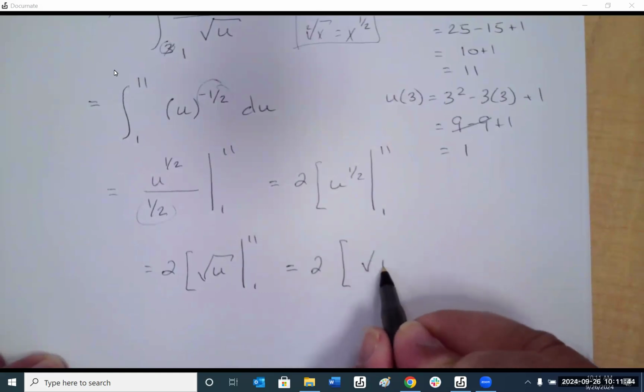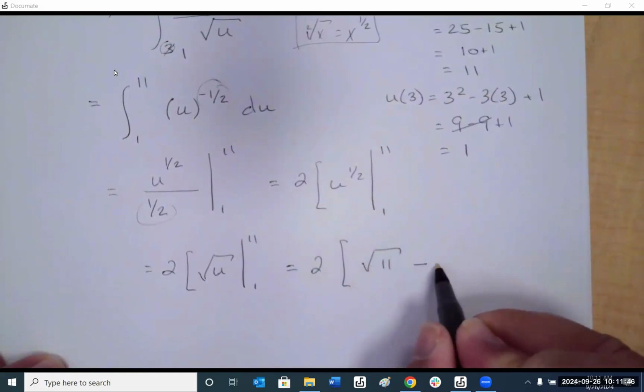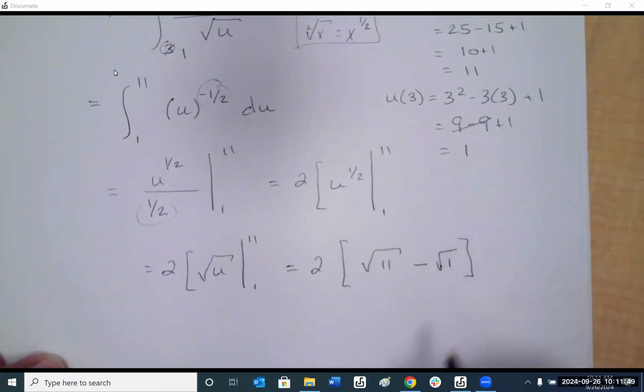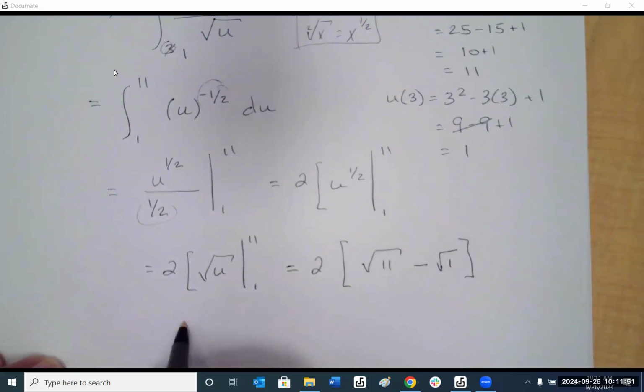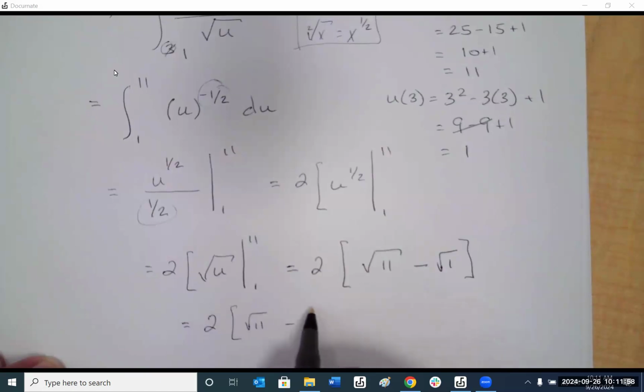So we have the square root of 11 minus the square root of 1, which is 2 square root of 11 minus 1, whatever that is. So it'll be between 4 and 5, because square root of 11 is between the square root of 9 and square root of 16.